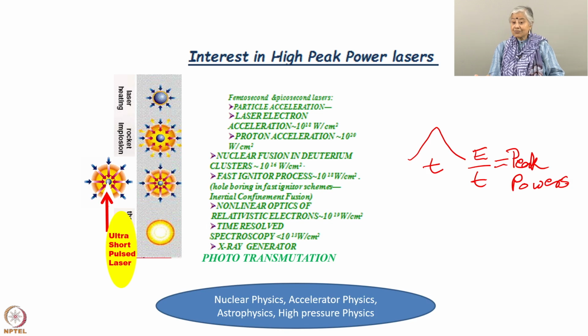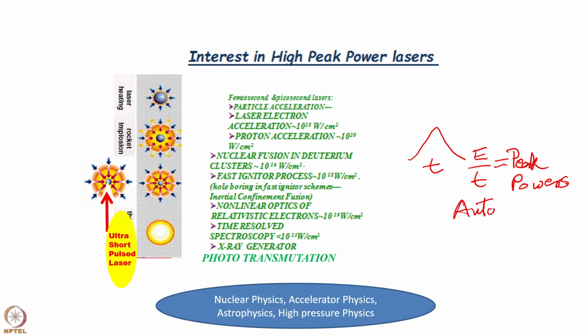What I will be describing in my next lecture is called an autocorrelator, which uses second harmonic generation in order to measure this temporal pulse. So, your learning of second harmonic generation in the nonlinear optics lectures will come in useful here.